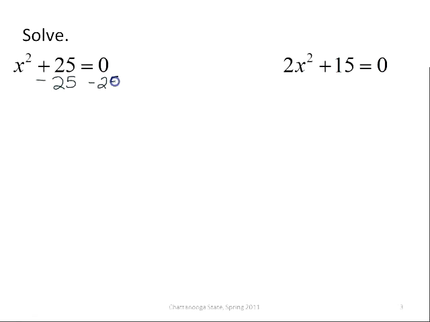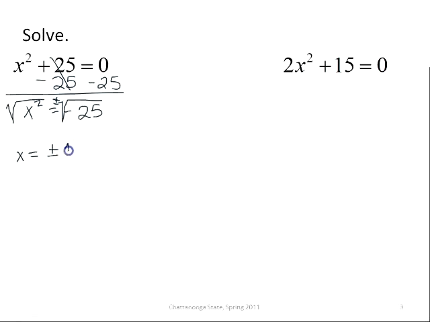So we'll subtract 25 from both sides, and that will give us x squared equals negative 25. We don't want x squared, we want x. So to get the x by itself, we undo the square by taking a square root. But when we take the square root, remember that everything really has two square roots, a positive and a negative.